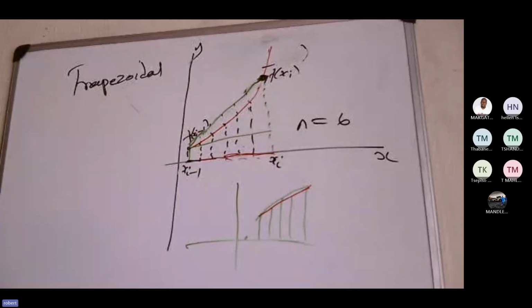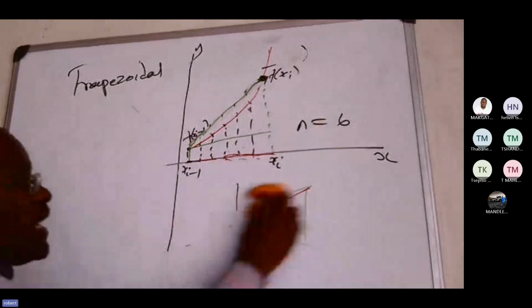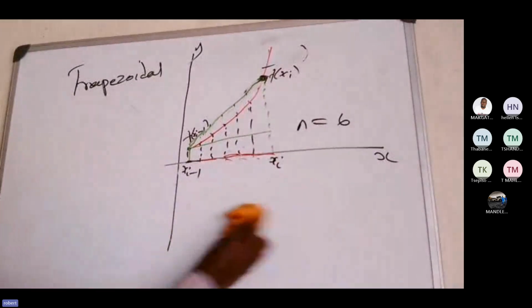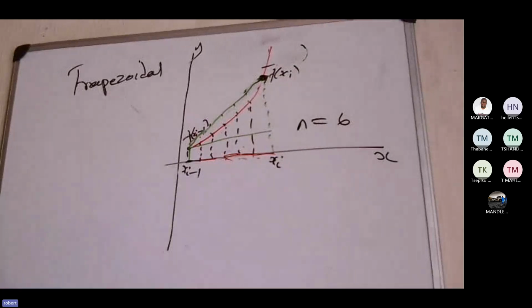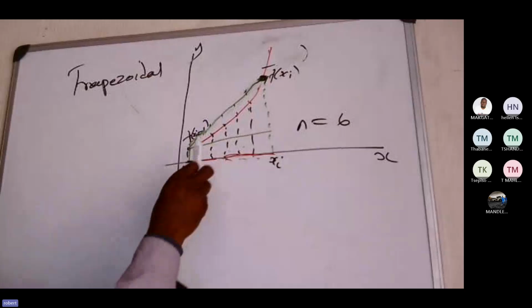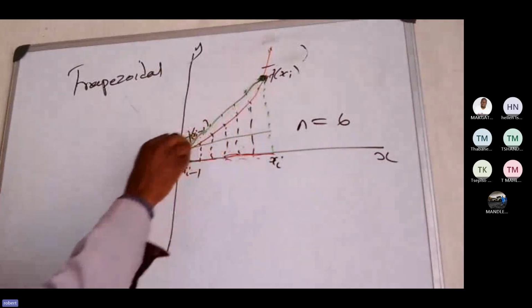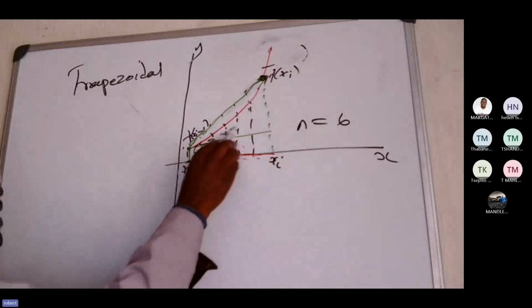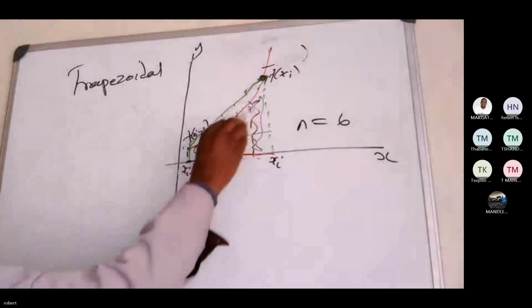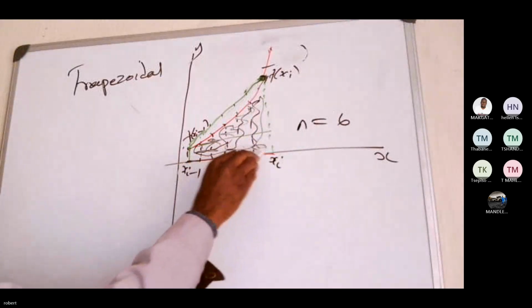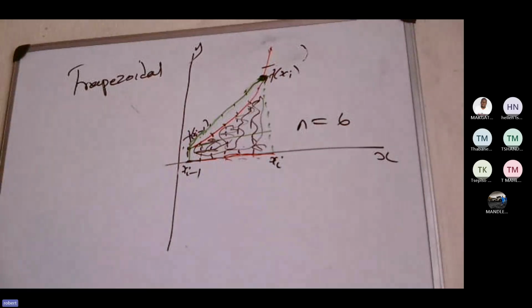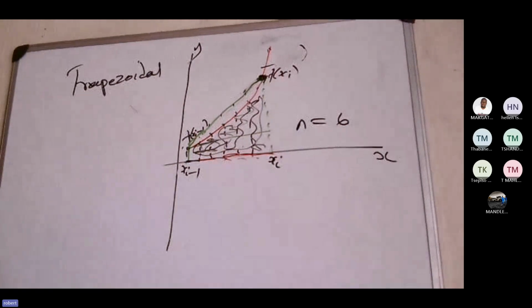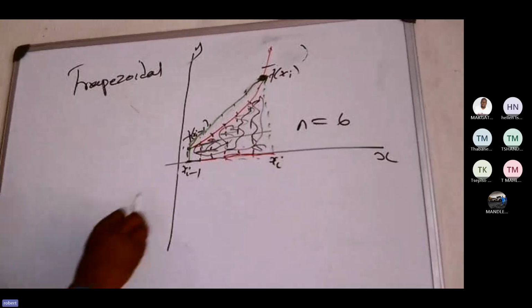Now, if you look at this, coming back here, you can see that we are looking at this area under the curve. We have drawn again a trapezium.